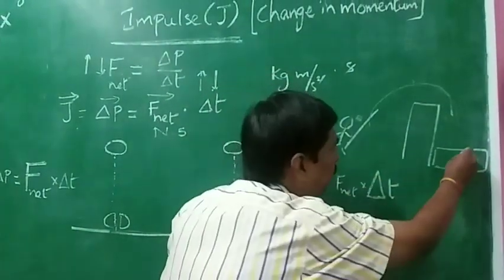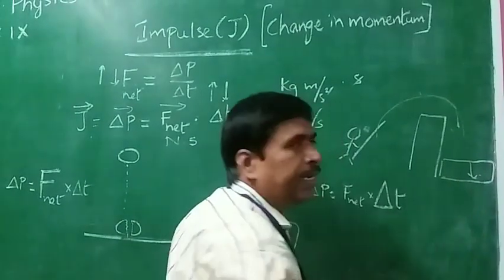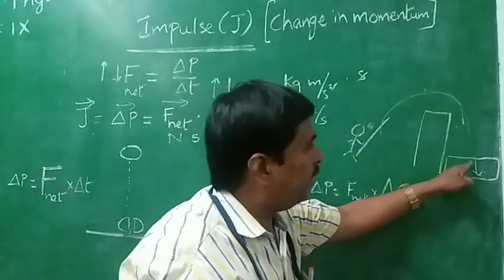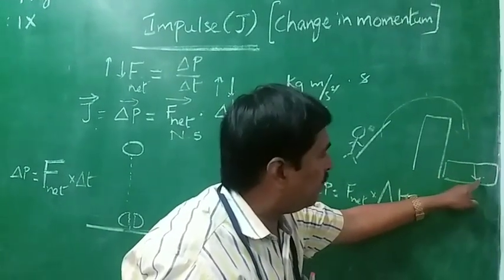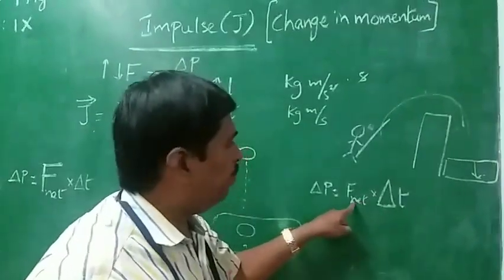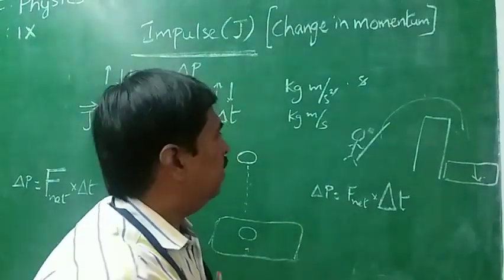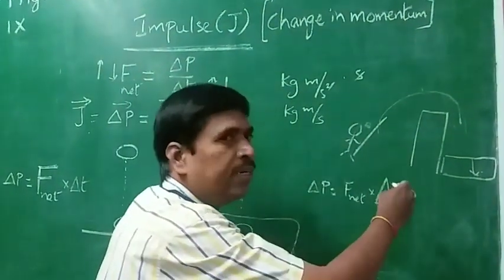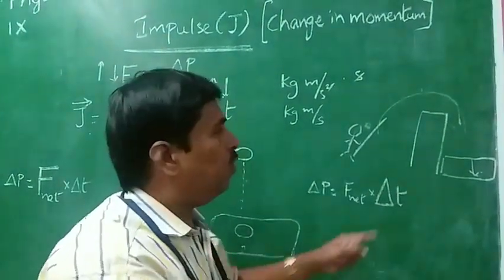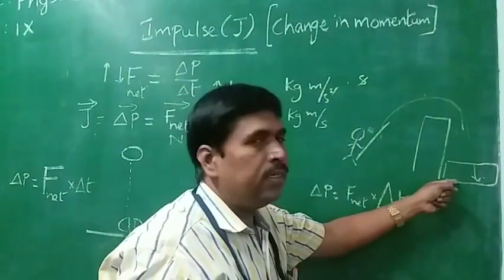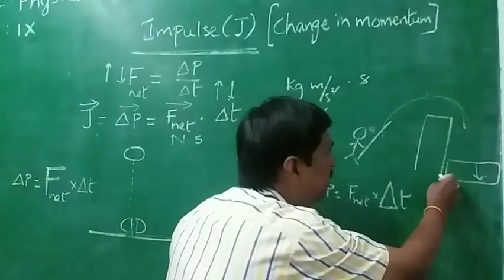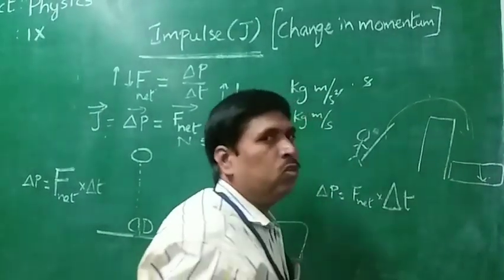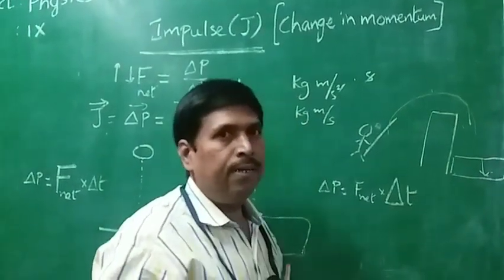Due to the cushion effect, the time of contact is extended. When there is a longer period of time, the force will be less, so less impulsive force will act and you won't get any pain. If you don't have this cushion, his bones will be fractured. So sand or a cushion or foam bed is provided.